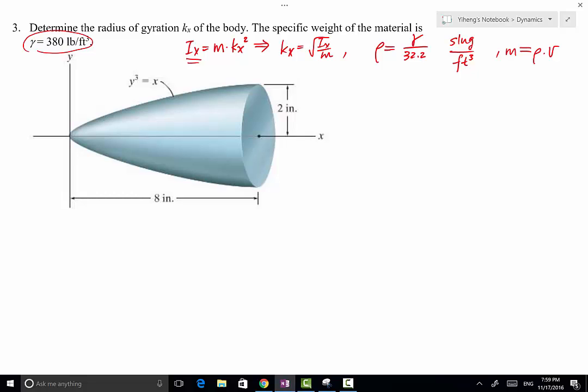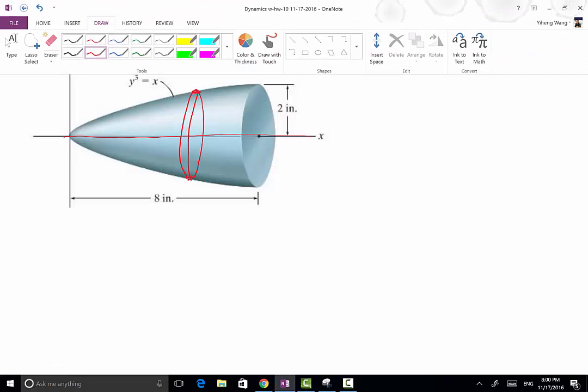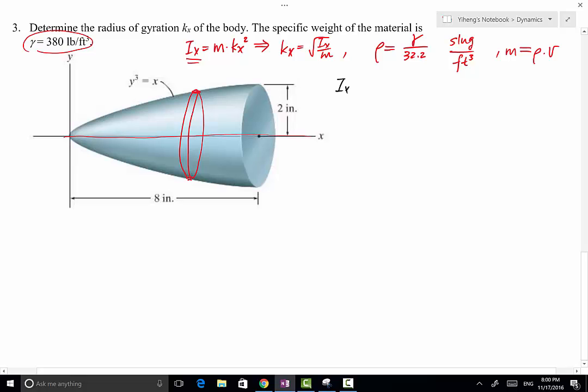Now coming back to this body, if this body is made of thin plates, one after another, then because all of these thin plates share the same x-axis that passes through their center of gravity, the total Ix will simply equal the summation of the smaller Ix added together.